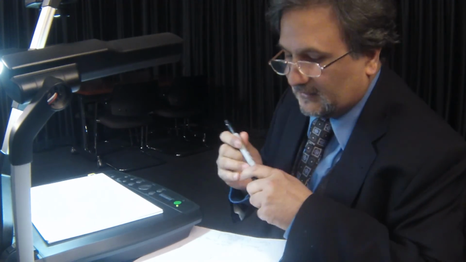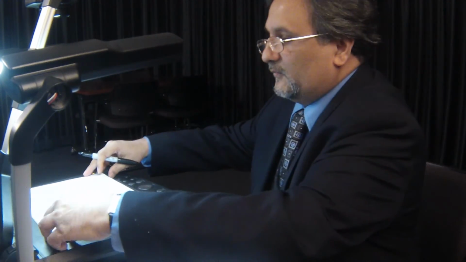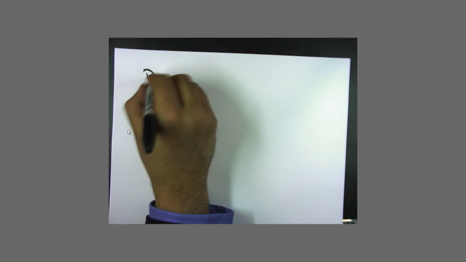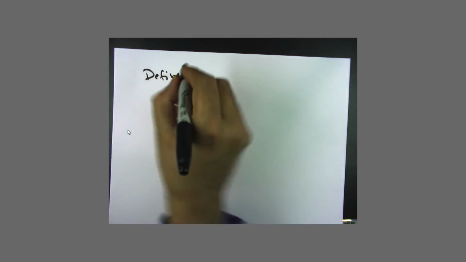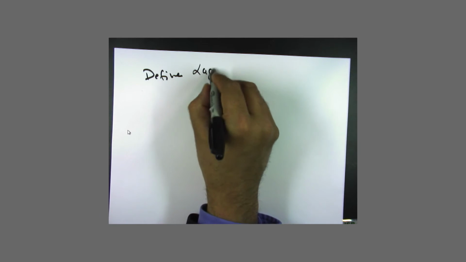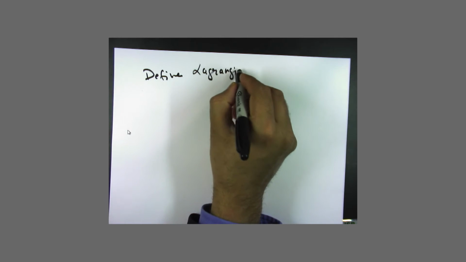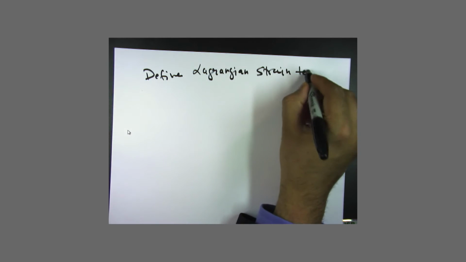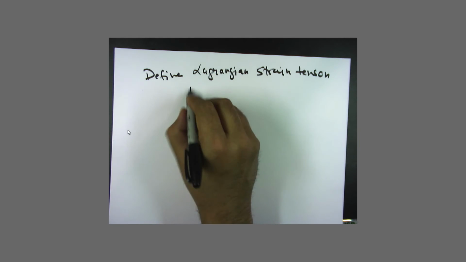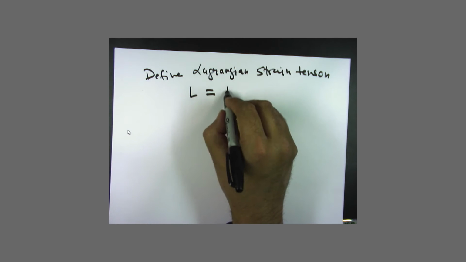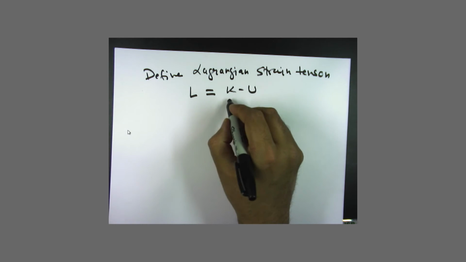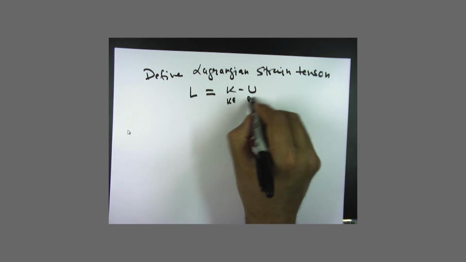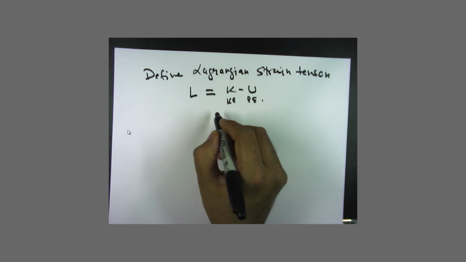We start with a very simple idea for the elastic constant. So, let us say we define a Lagrangian strain tensor, and let me remind you the Lagrangian L is equal to K minus U, which is kinetic energy minus potential energy. So, this is where we are going to reformulate.